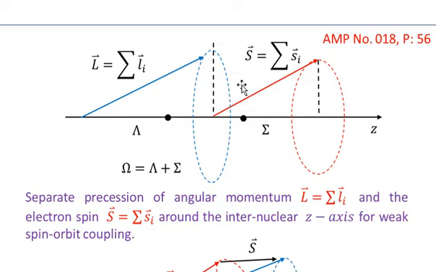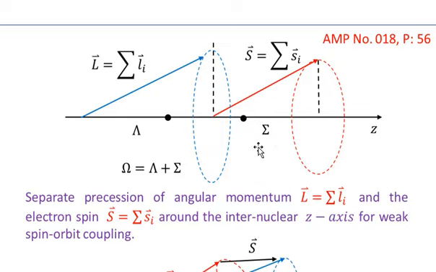Similarly, you have capital S and its projection on the z-axis is represented by sigma. The z component of capital S will be equal to sigma times h bar.